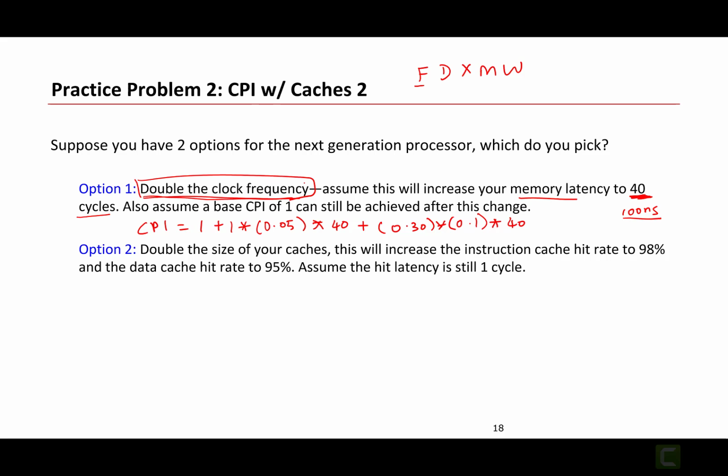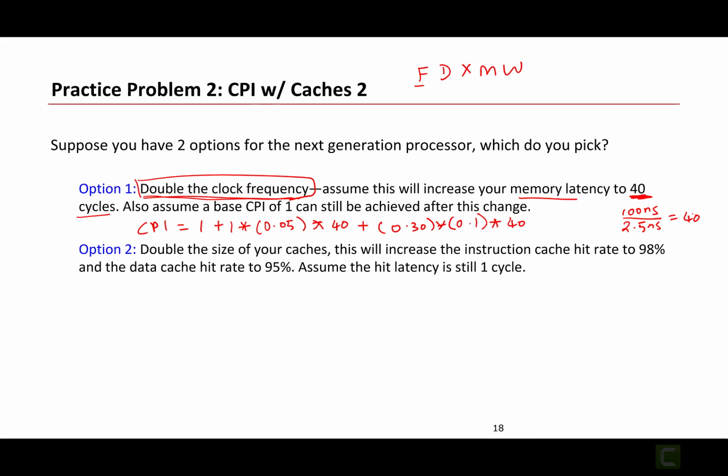So when my clock frequency doubles, my clock period would reduce by half. So before it was 5 nanoseconds, now it would be 2.5 nanoseconds. So this would give me 40 cycles for main memory latency.